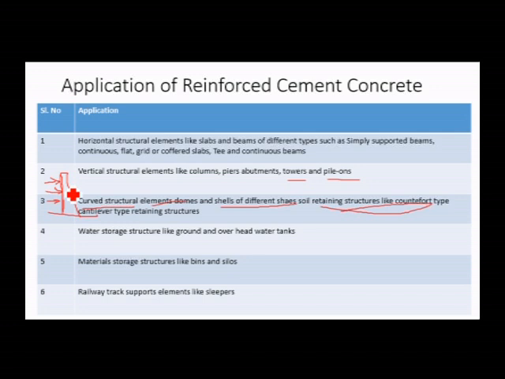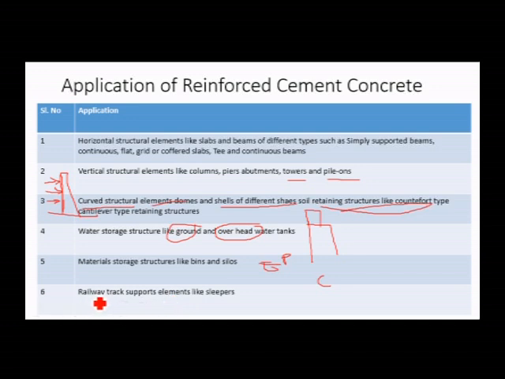And water storage structures are also there, which are below the ground level, and some are above the ground level or on the top of the building. For these purposes, the application of reinforced cement concrete is there, and transmission structures like electrical poles, and energy structures like chimneys, cooling towers and thermal stations are also there.